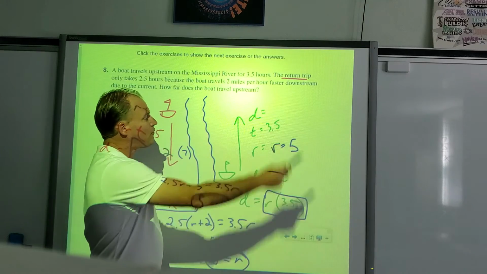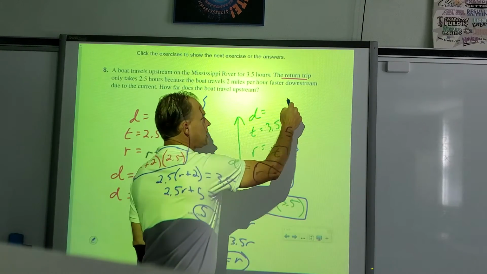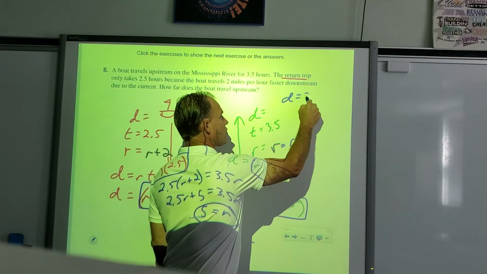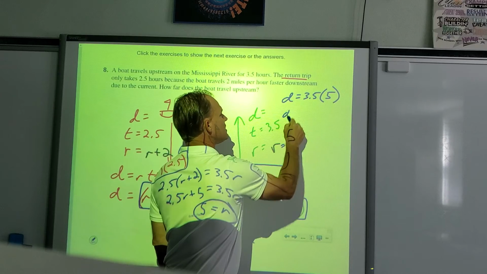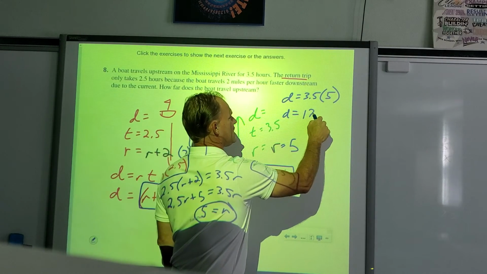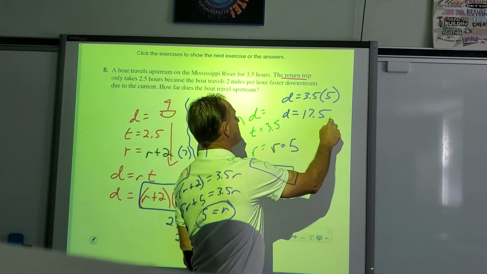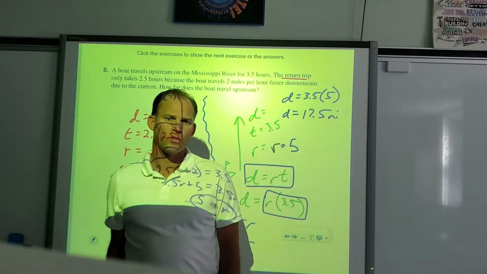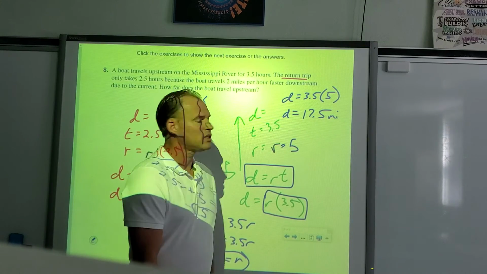It wants to know how far it went upstream. So I go back again, D equals RT. Distance is 3.5 times 5, which is 17.5 miles. 3.5 hours, 5 miles an hour, 17.5 miles.